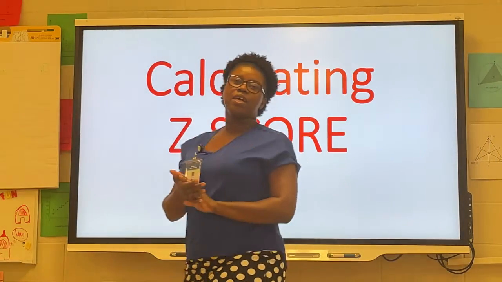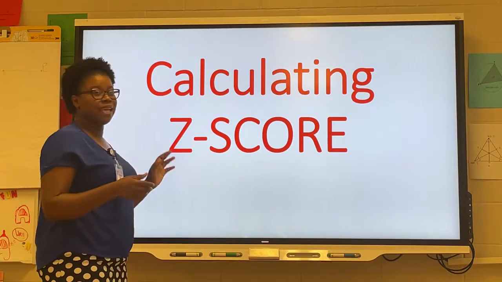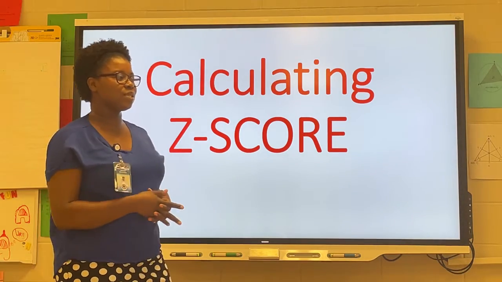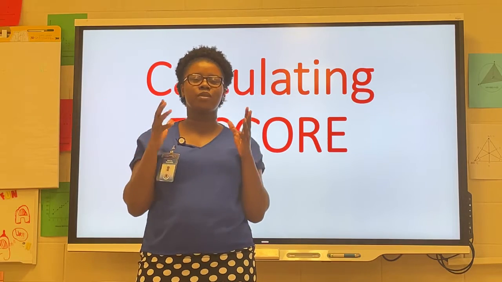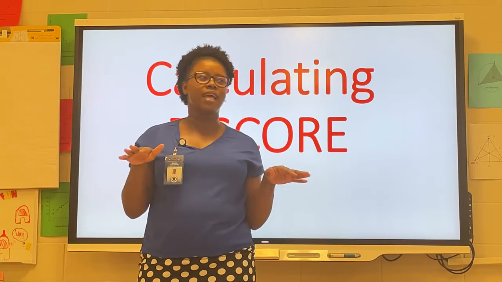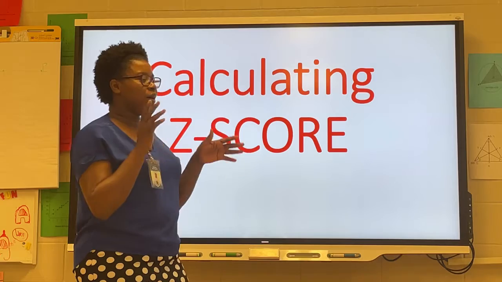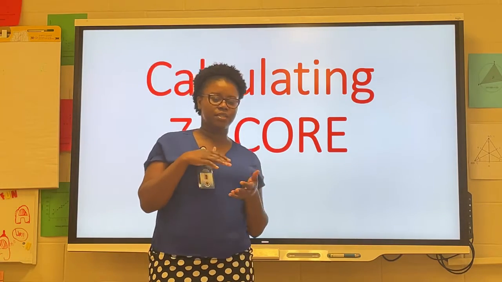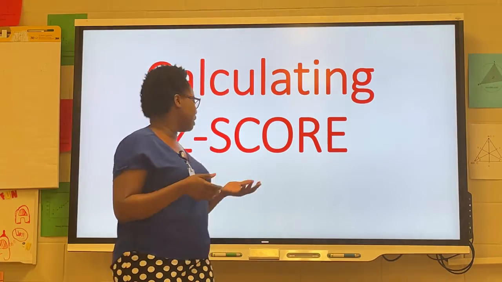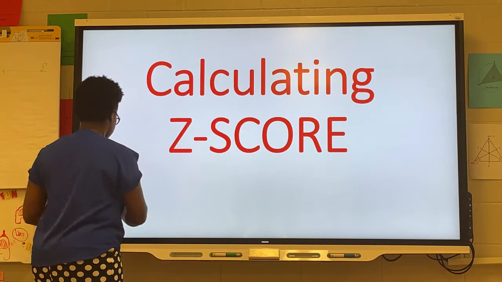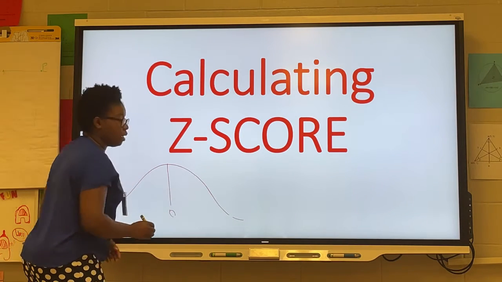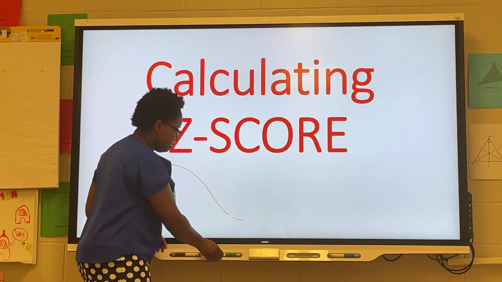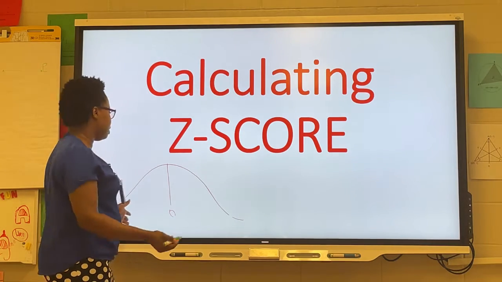Okay, so we are going to be calculating z-scores, and z-score is another way of saying you're converting your actual score to a standardized score where all the scores will be considered to be normal, where the center of your distribution is going to be 0, and we consider 3 standard deviations above the mean and below the mean.